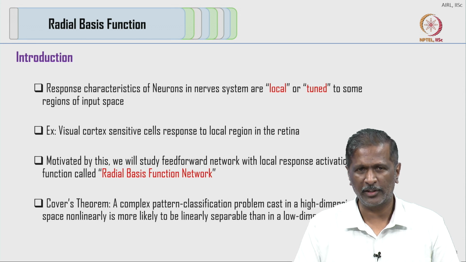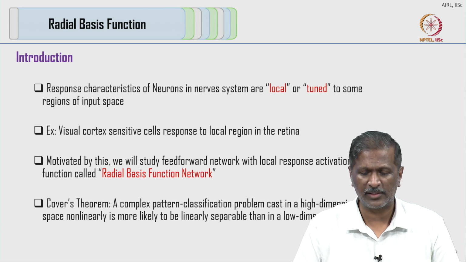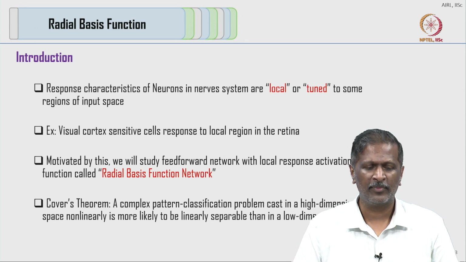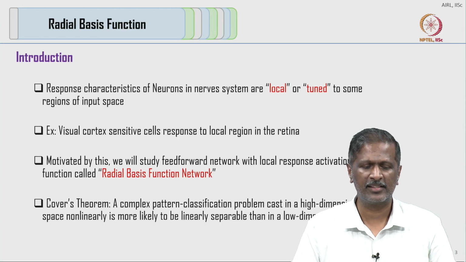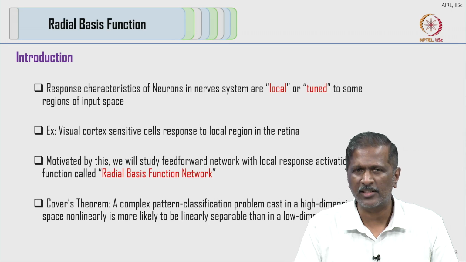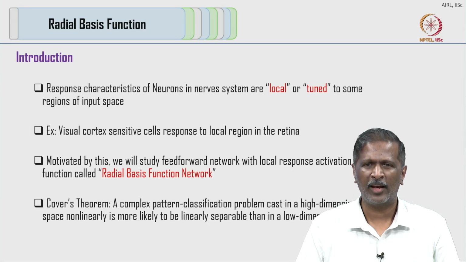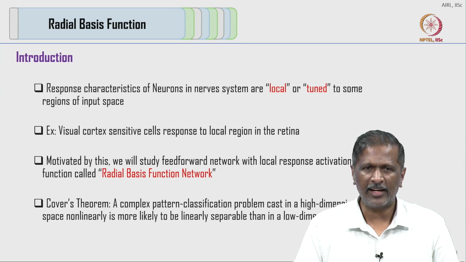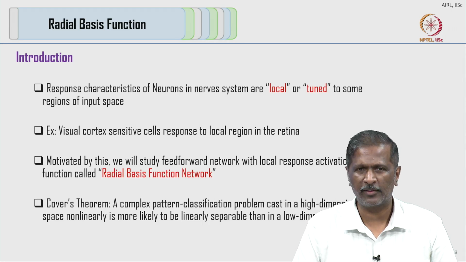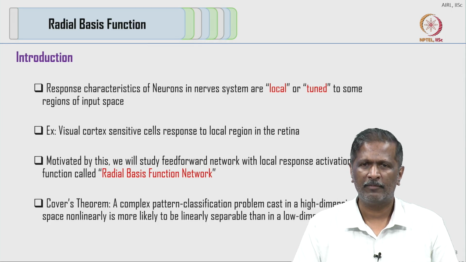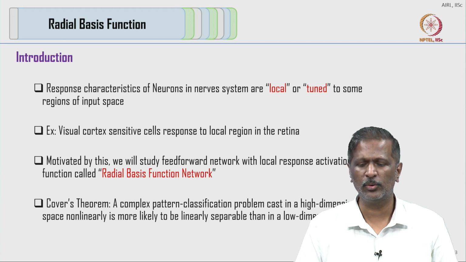Motivated by this experiment conducted on understanding how nerve cells in the visual cortex are responsive to local regions in the eye, people developed what we call the radial basis function network. It is also one of the feed-forward neural networks where the activation functions are locally tuned responses.